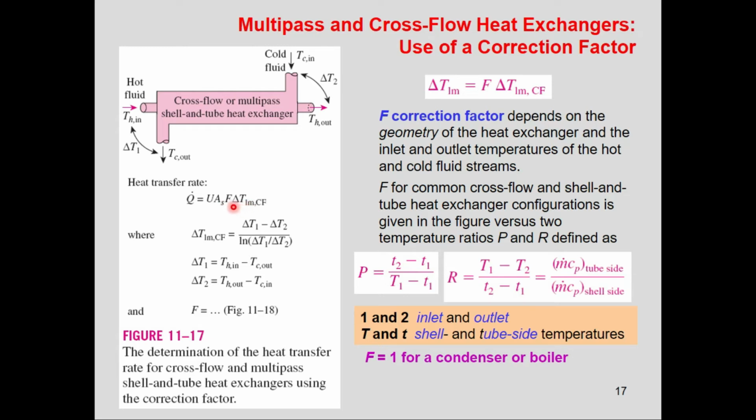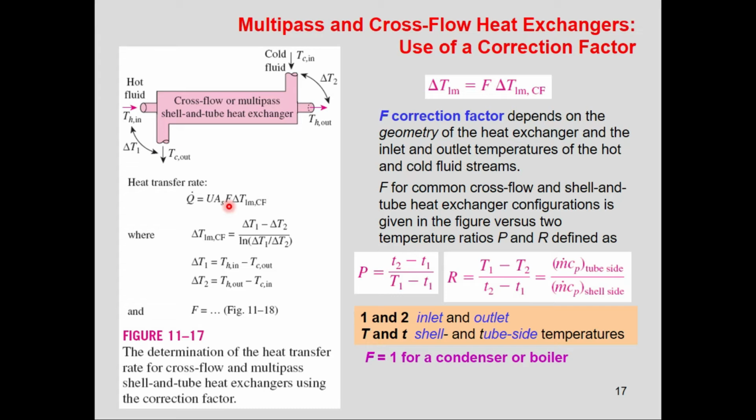So here we are just introducing a new value, known as the correction factor, and it must be used when you are using a heat exchanger with a different configuration compared to the double pipe heat exchanger.